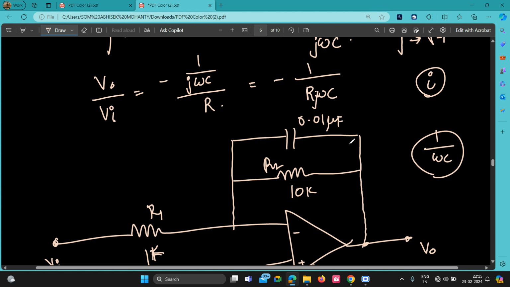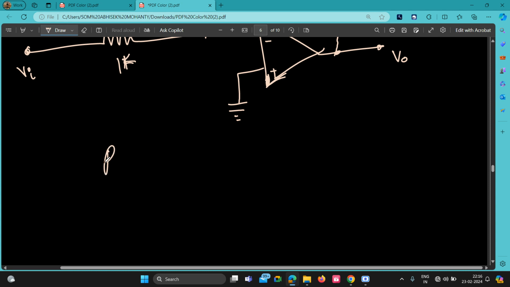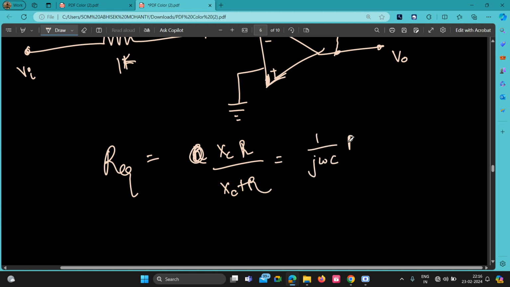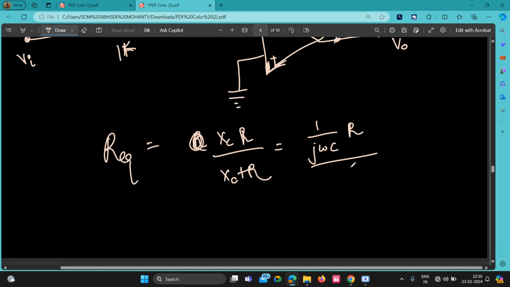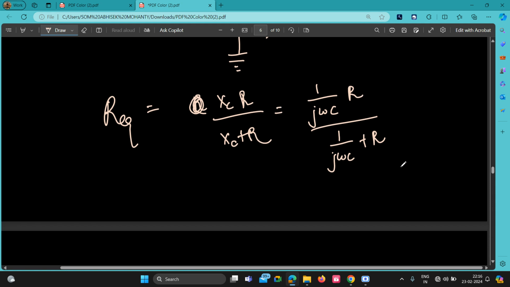So here, see, there is 1 by j omega C and there is R2. These two are in parallel connection, right? So parallel connection means R equivalent will be Xc into R divided by Xc plus R, isn't it? So this is 1 by j omega C into R divided by 1 by j omega C plus R. But the thing is, these two cannot be added like this.